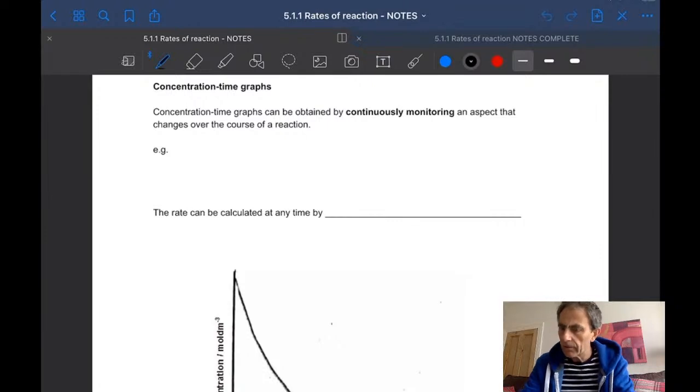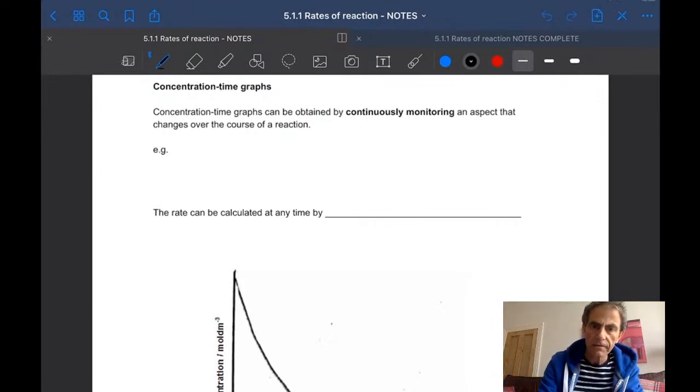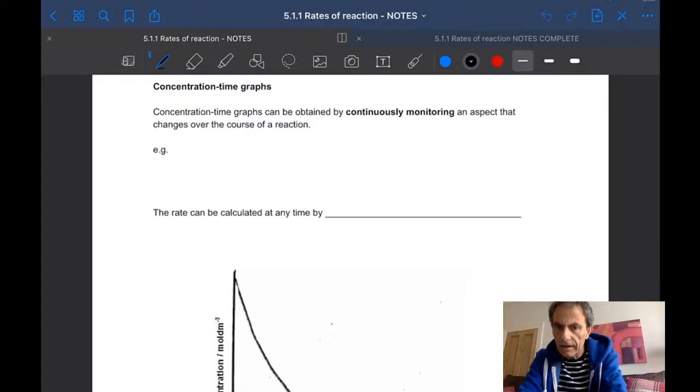Okay, so we are doing the second part of the rates of reaction booklet. We're up to the page that's on the screen now, concentration time graphs. Remember, I said on Wednesday that I wasn't sure how well this would go, given that normally I would draw the graphs in lessons.